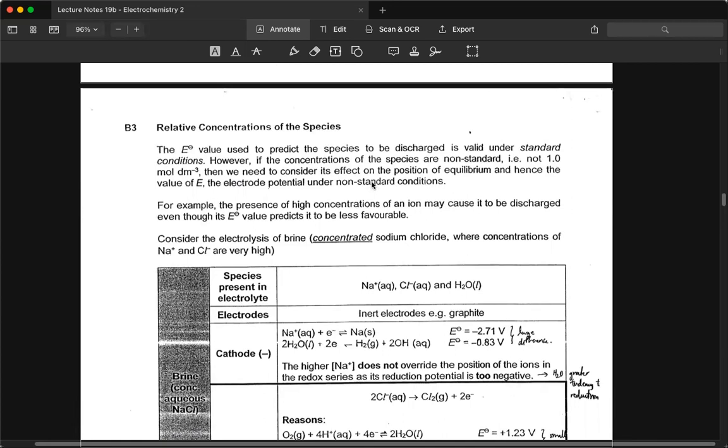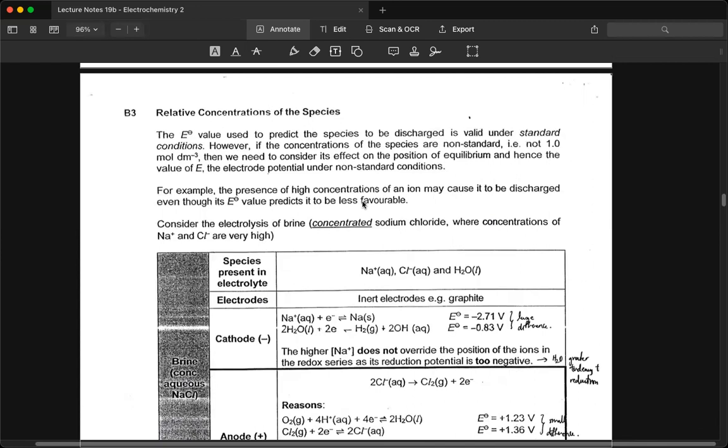However, if the concentration is not standard, not 1 mole per dm cube, we need to consider the effect on the position of equilibrium and hence the value of E under non-standard conditions. For example, if we have a very high concentration of a particular ion, it may discharge even though the E0 value predicts it to be less favorable.